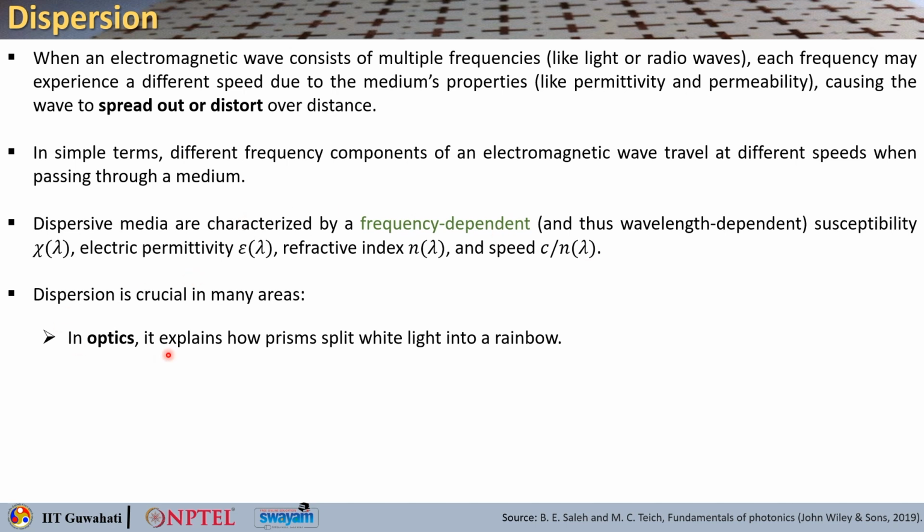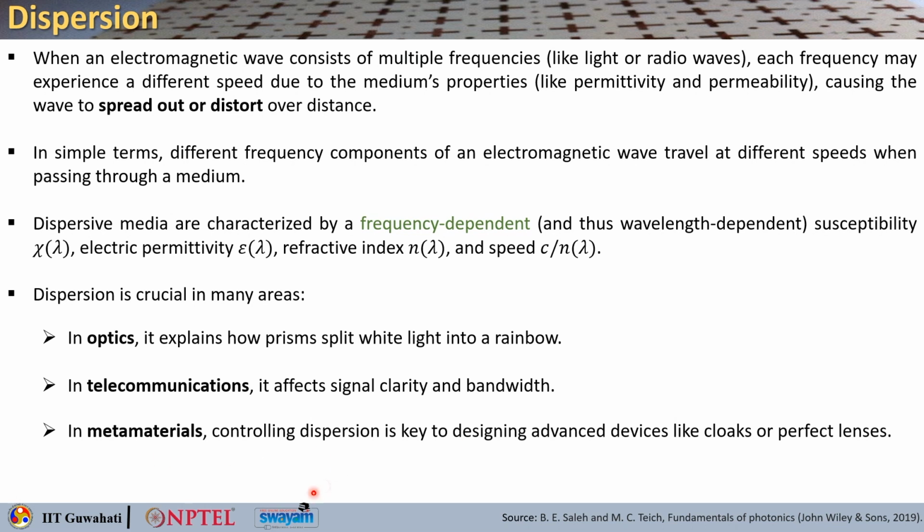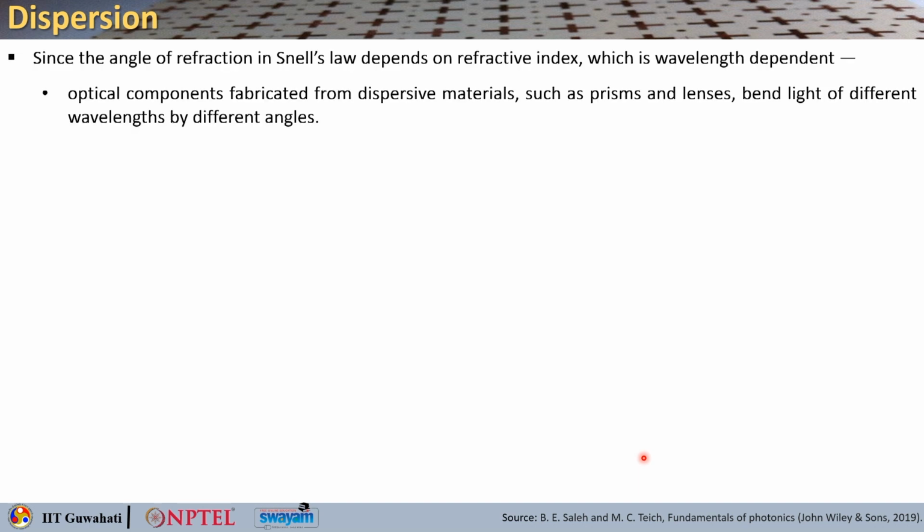In optics, you can use this dispersion to explain how prisms split white light into a rainbow. In telecom, it affects the signal clarity and bandwidth. In metamaterials, controlling the dispersion becomes key to designing advanced devices, something like cloaks or perfect lenses. So, dispersion plays a very important role.